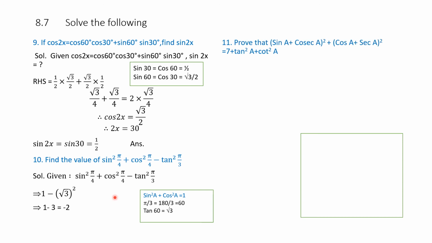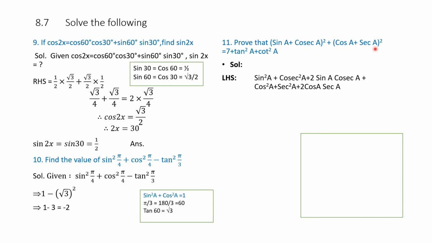Now we will take up problem number 11. Prove that sin A plus cosecant A whole square plus cos A plus secant A whole square is equal to 7 plus tan squared A plus cot squared A. Solution. So we have to simply expand this whole square, A plus B whole square.